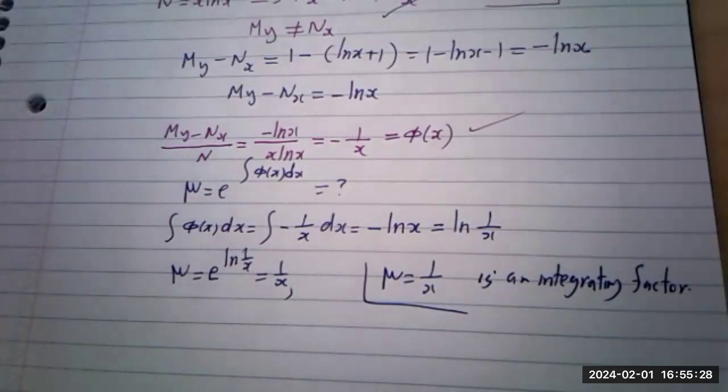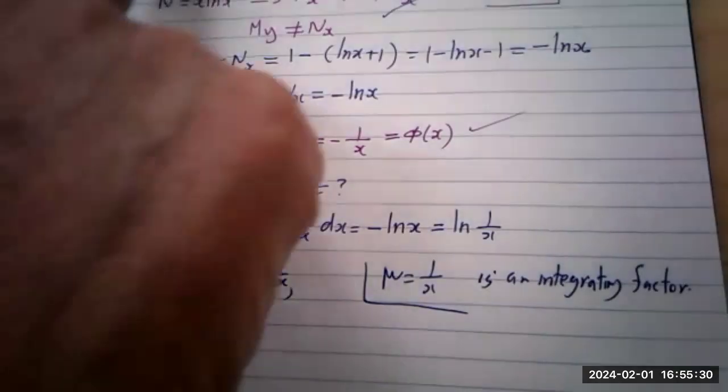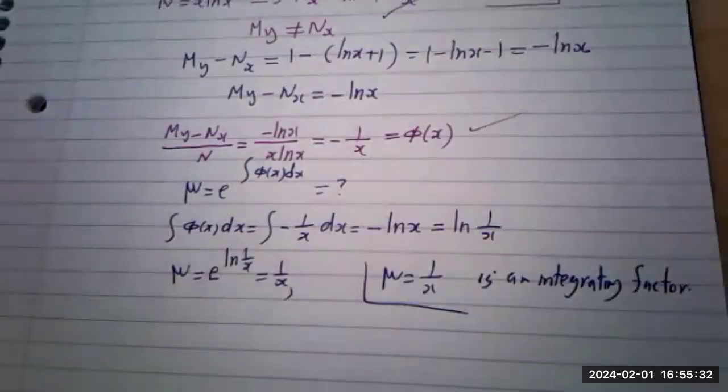It's not the case that you will be able to do it for all of them. But since they said solve the equation by finding the integrating factor, it must have one. So it's going to be case 1 or case 2. That's just a method that we try.